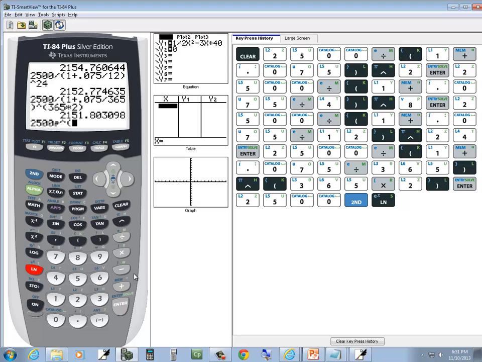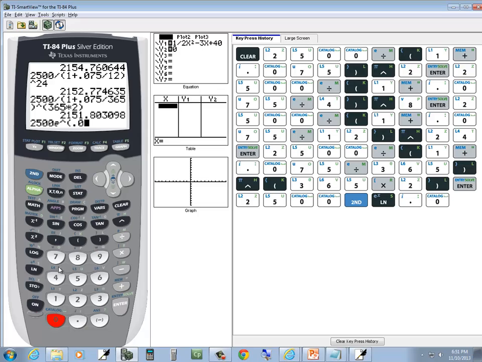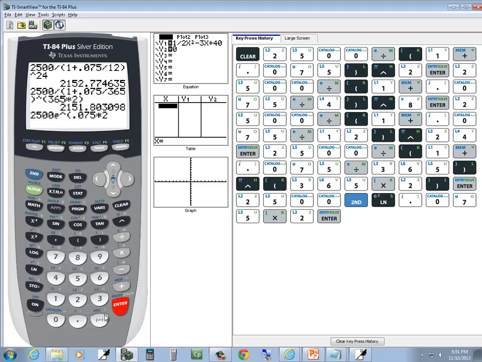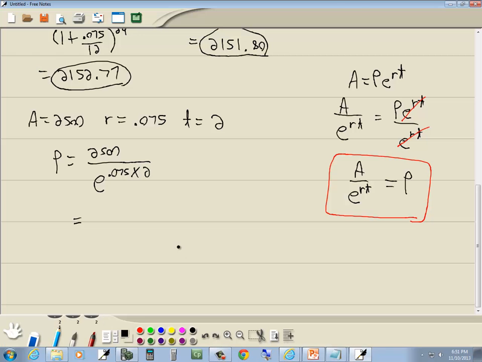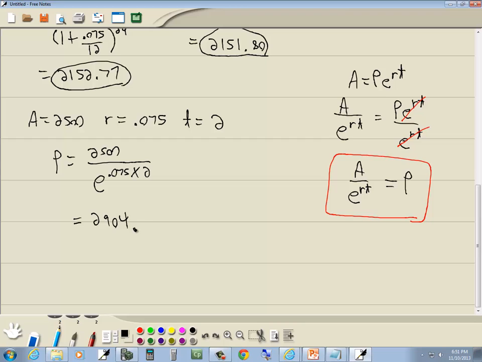It puts e, puts caret, puts the beginning parentheses, and then 0.075 times 2, close parentheses. Or, well, you don't have to put close parentheses, sorry. $2,904.59. And that'd be your answer.